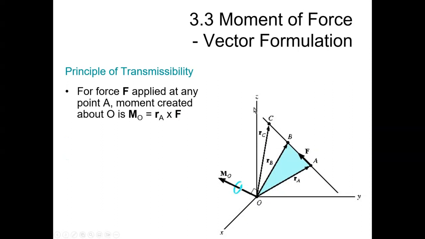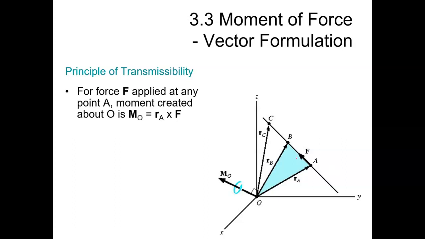All right, so that is explaining what I just told you. If you are happy to do the moment calculation by vectors, it doesn't matter which position vector you choose, as long as one point of the position vector is the point of rotation, and the second point is another point on the vector, located on the line of action.